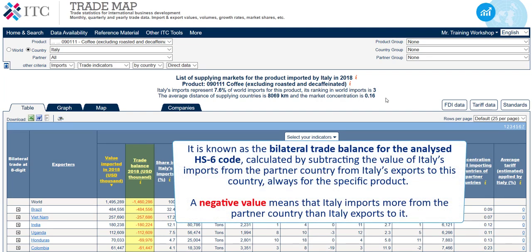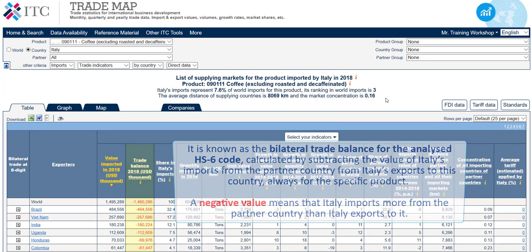It is known as the bilateral trade balance for the analyzed HS6 code, calculated by subtracting the value of Italy's imports from the partner country from Italy's exports to this country, always for the specific product. A negative value means that Italy imports more from the partner country than Italy exports to it.